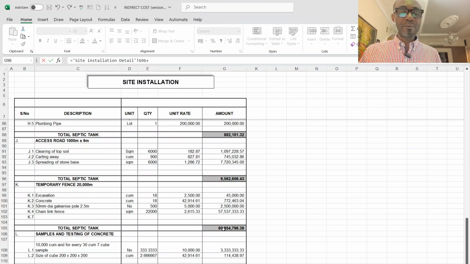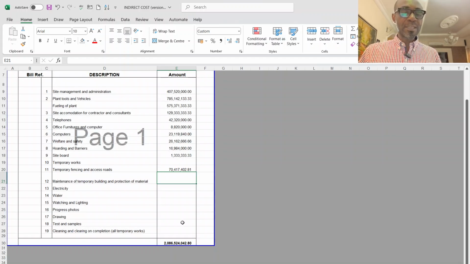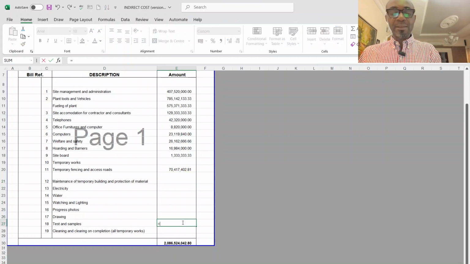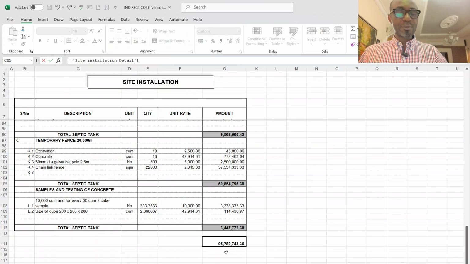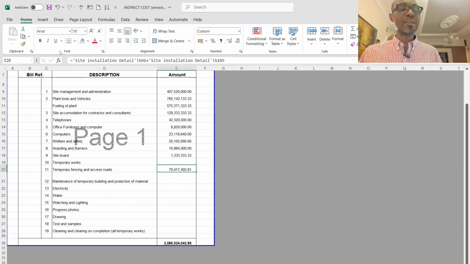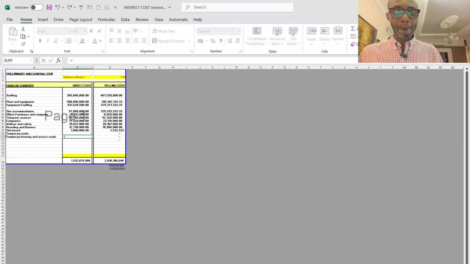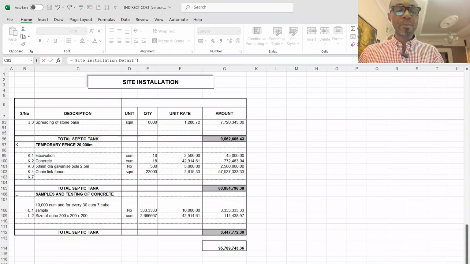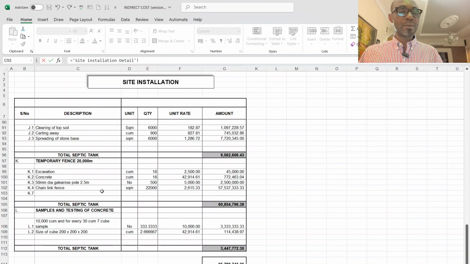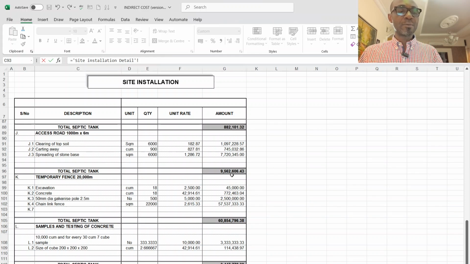I pick the fencing. Then I sample and testing. I go back. Oh, sorry. It's not supposed to come here directly. Sorry for that. It's supposed to first come to the summary. It's supposed to come here first. We have the access road.